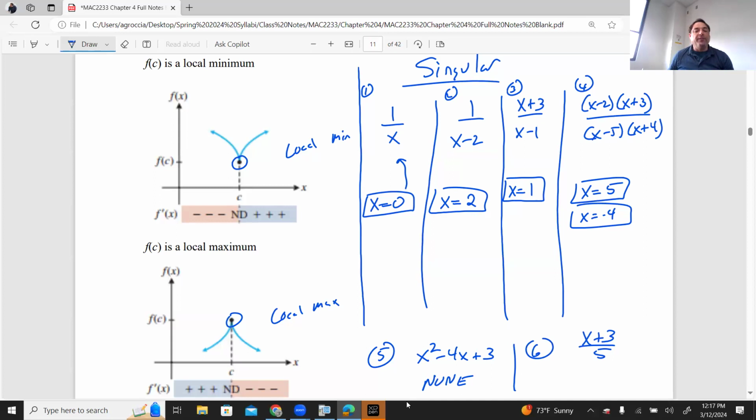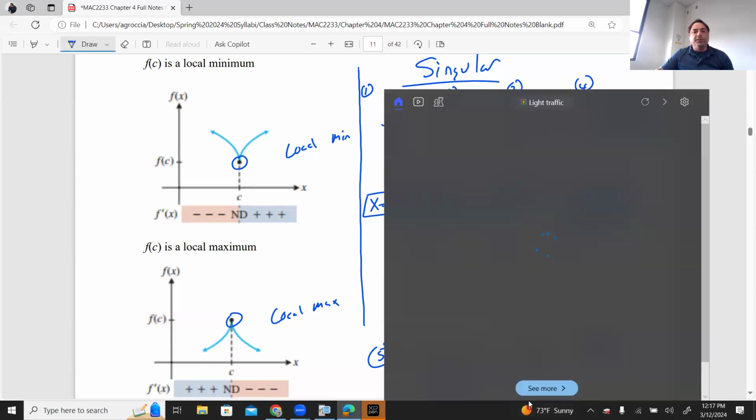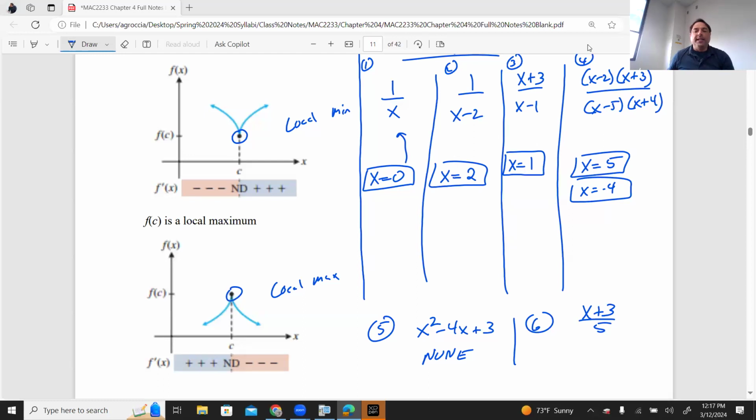If this was my derivative, what number would make it undefined? Okay, so what would make that undefined? None. If you said -3, the numerator is not the problem. It's only the denominator. Are we okay?